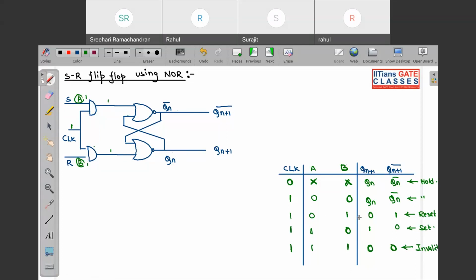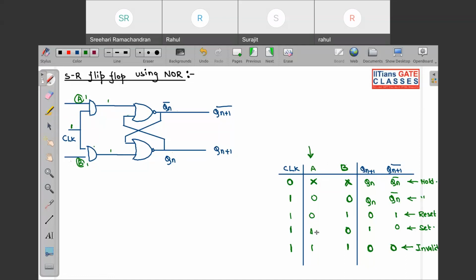So this is the truth table of your SR flip-flop. Now suppose we didn't know which of these is set and which is reset. Look at the input: when we apply 1 to it, we get set state.